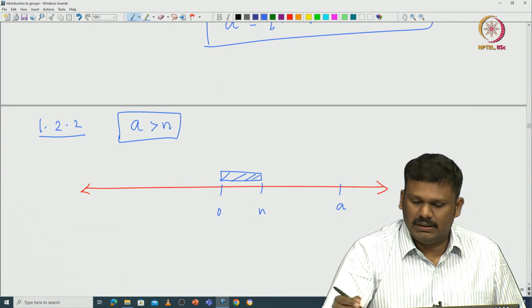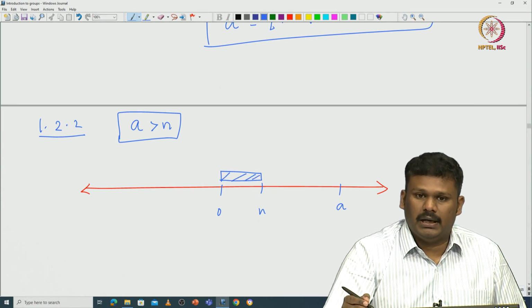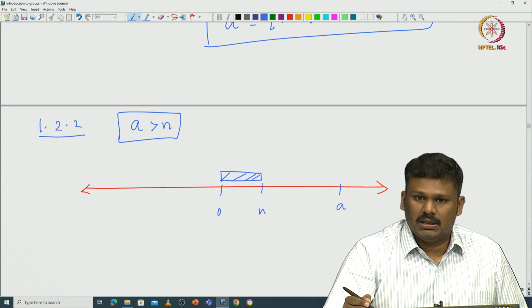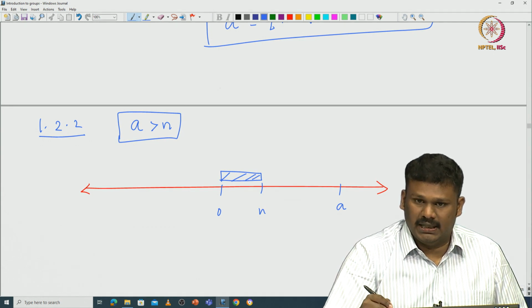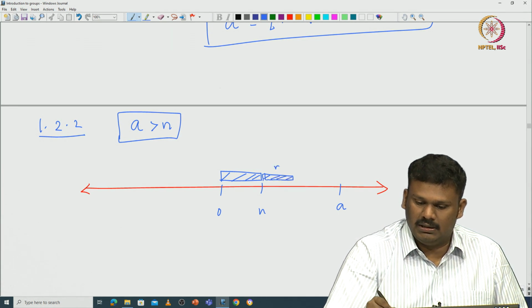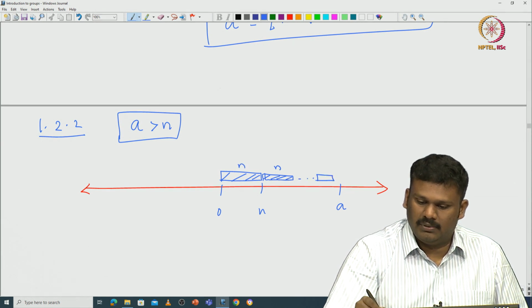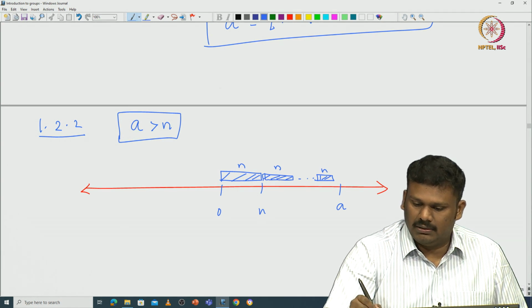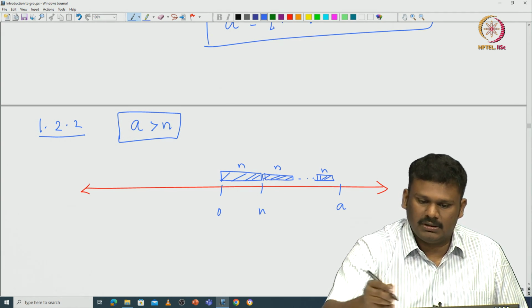If you are trying to measure this scale of size a with a scale of size n, then you can keep repeating that. You can just put this scale inside this and then start measuring. This is another n scale, this is another n scale, like that you just put them here. Then something will be remaining. It is very badly drawn.